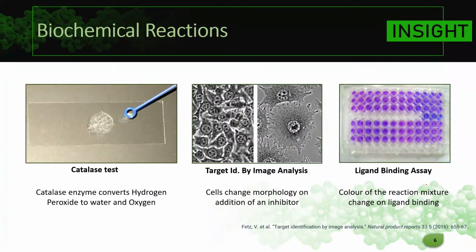Then we have simple reactions like, for example, a ligand binding assay, in which we perform the assay or titrate it by different concentrations and mix it with the required reagents. And if the binding happens, then there are some indicators, some markers, which will tell us whether the reaction has happened or not. The color intensity can also tell us sometimes to what extent the reaction happened.